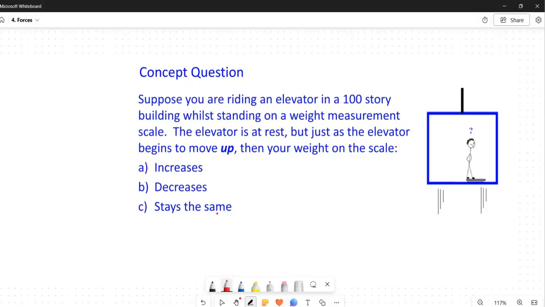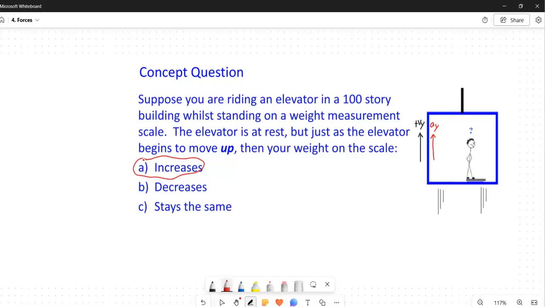Pause the video. Okay, so we're right here. This little guy is moving upwards in the positive y direction, and he's also accelerating upwards in the y direction. His body is resisting that change, and when you get into an elevator, you do feel heavier. That would register as an actual heavier weight on a weight scale.